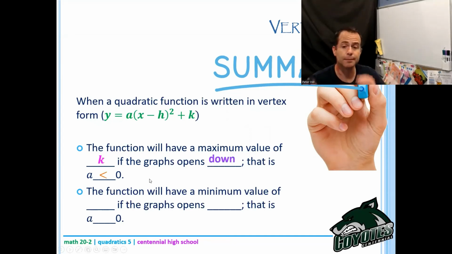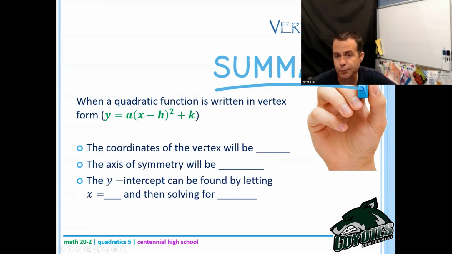Then I'll have a minimum value if the graph opens up, and that means that a will be greater than 0, okay? The coordinates of the vertex will be h comma k, and the axis of symmetry is going to be at x equals h. The y-intercept can be found by letting x equals 0 and then solving for y.